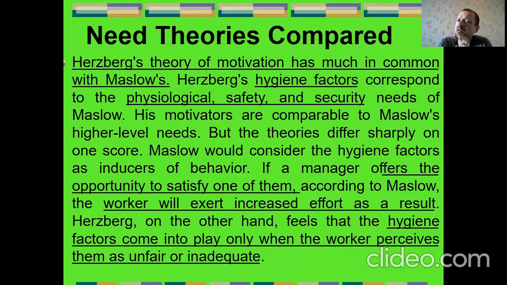From this screen, you can find that generally we are dividing all needs into some groups, and Maslow and McClelland stated that there are some groups and we have to use them, and Herzberg said that there are two groups and we have to use the first group to prevent dissatisfaction or dismotivating, and we have to use the second group of motivators to motivate the people. So all these theories are connected with the needs of subordinates.